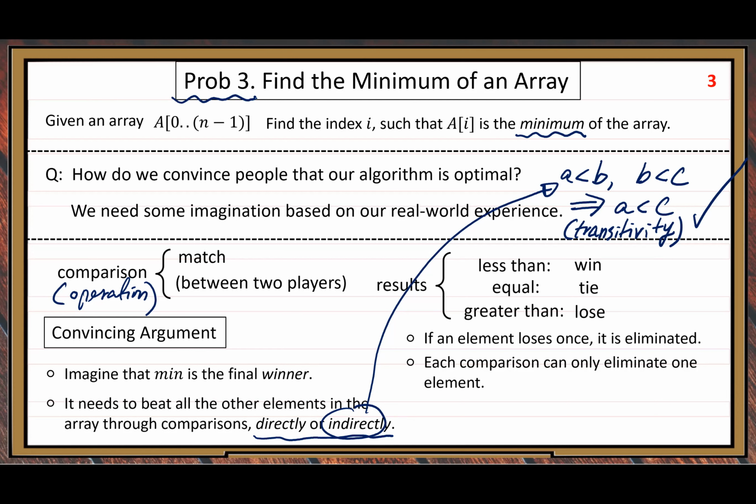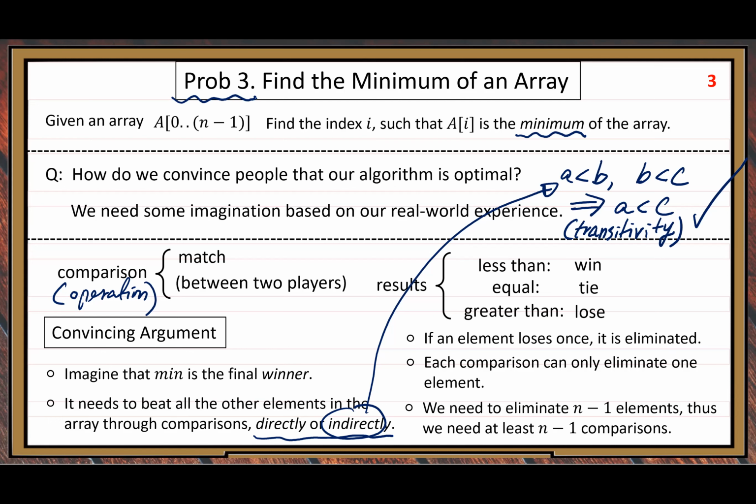The next one. We need to eliminate n-1 elements. To get a final winner, there are a total of n elements, n players. Only one player can be the winner. The remaining n-1 players all must be eliminated. So we need to eliminate n-1 elements.